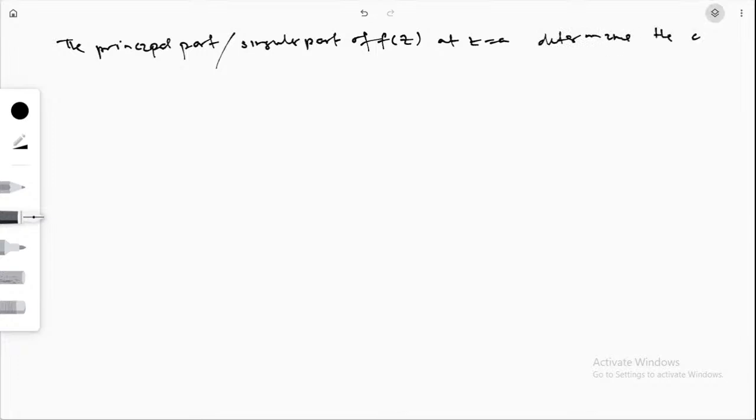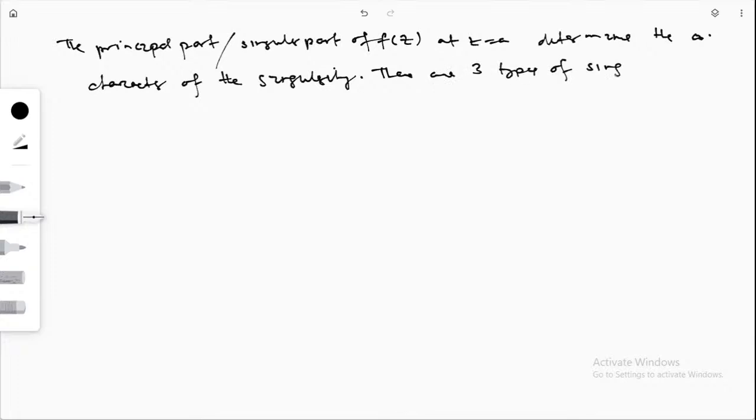And there are three types of singularity.